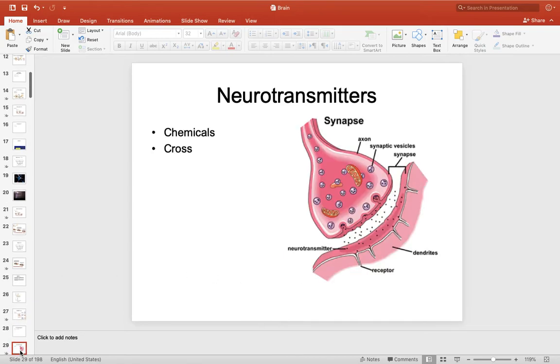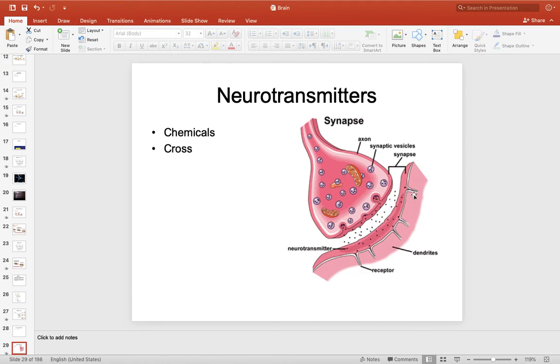Okay. So here's another picture here, maybe this is a little easier. Here is the axon, here is the dendrite, here's one neuron communicating with another neuron. All right. These little chemicals here are neurotransmitters. This neuron has just fired. It fires, and when it fires, it shoots chemicals over here.